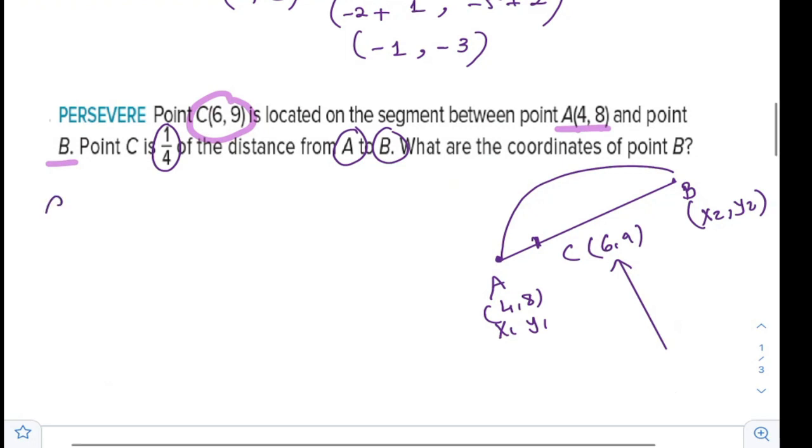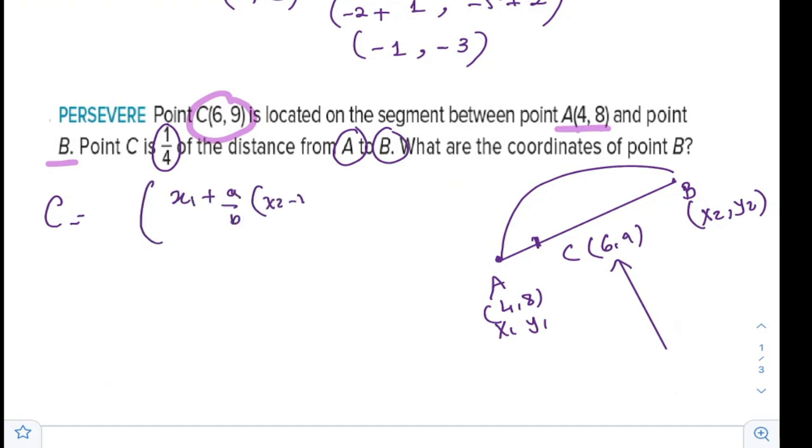So the point C is x1 plus A over B times (x2 minus x1), and y1 plus A over B times (y2 minus y1). So far, this is what we have. The question is, what are the coordinates of point B? That means we are solving for x2 and y2.